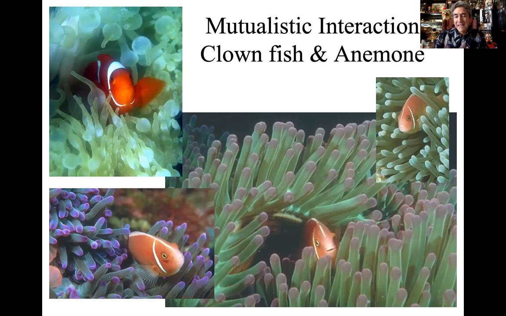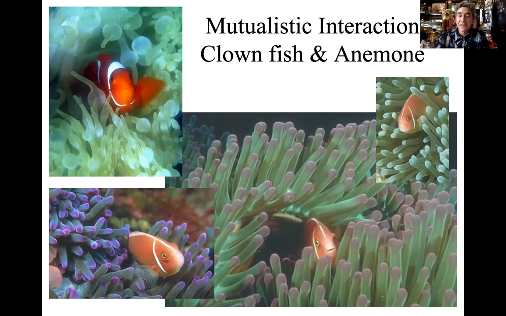So by them being here, the anemone is missing out on a big food item. So it seems like that's not good for the anemone. However, these fish being here attracts other fish that are trying to gain that same type of shelter, a place to hide. They don't have that defense that the anemone fish does. They get captured, they get killed, and then the anemone basically benefits by allowing this clownfish to be here because it attracts other fish.